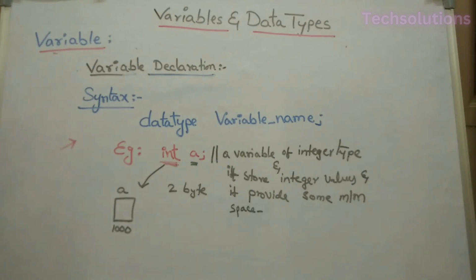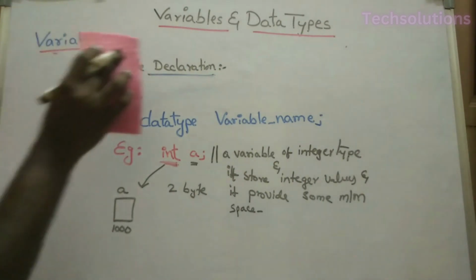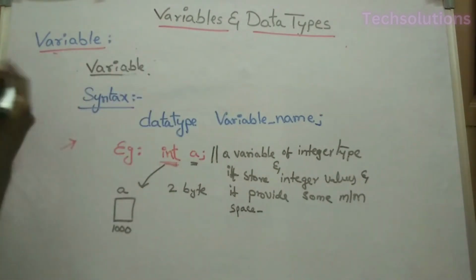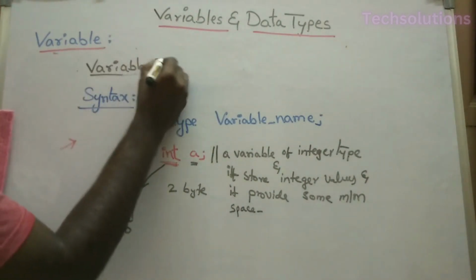Then how do we initialize? What is meant by initialize? Initialize is nothing but assigning. We assign some value to the particular variable. That is called variable initialization.